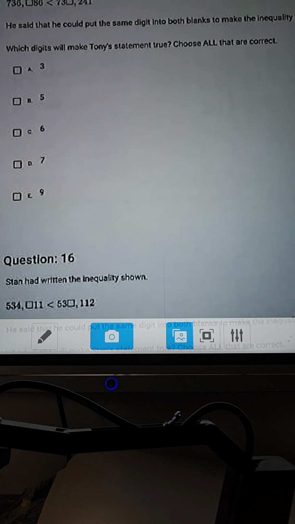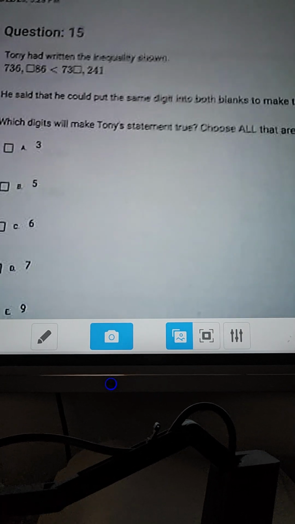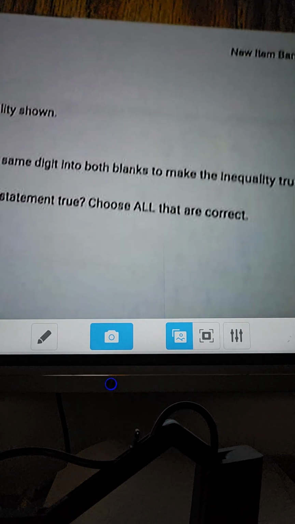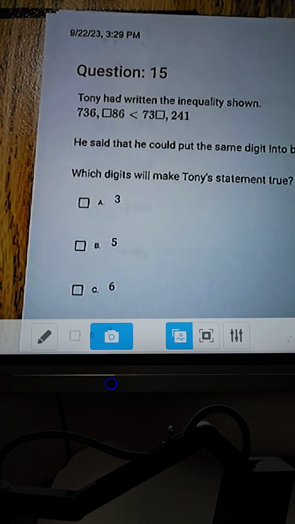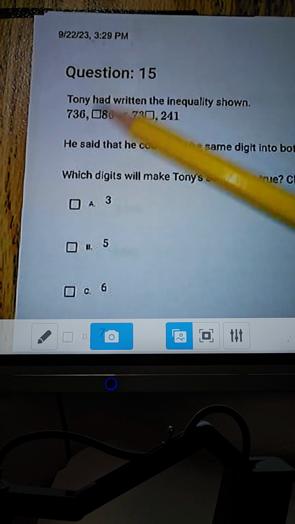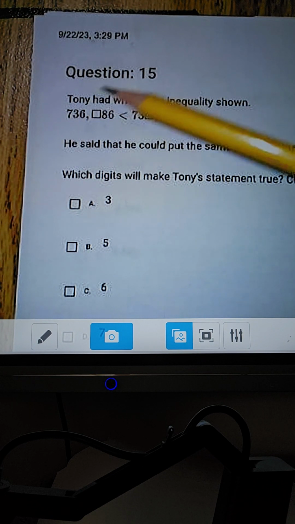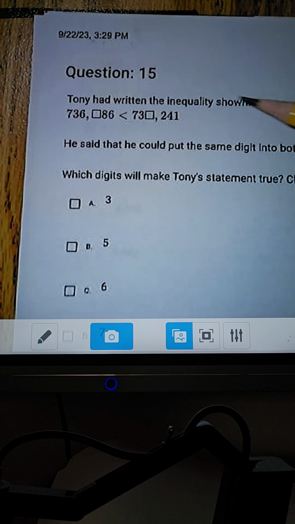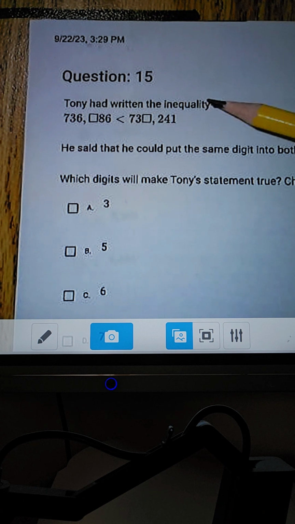All right, question 15. Might have to get a little closer with the video on this one. Once again, make sure you are reading everything. Tony had written the inequality shown. Inequality means that they are what?